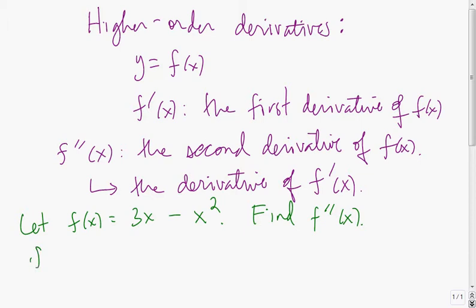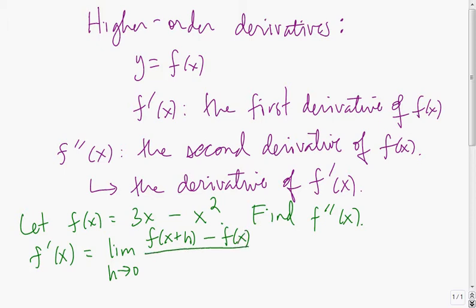So f prime of x is the limit as h goes to 0 of f of x plus h minus f of x, all divided by h. To get f of x plus h, we just go to these two x's and plug in x plus h.